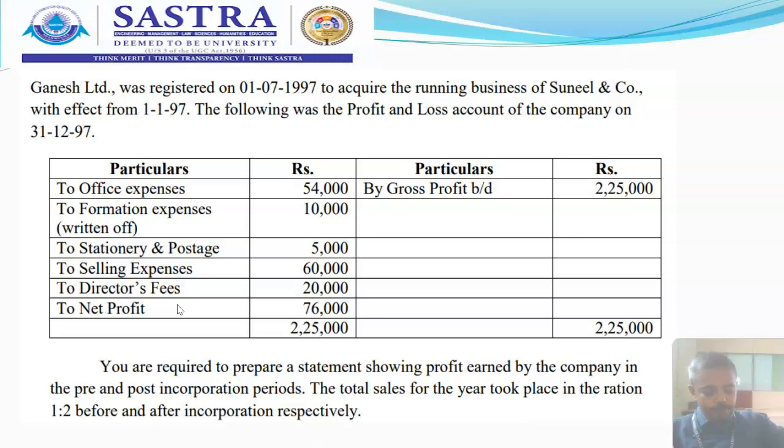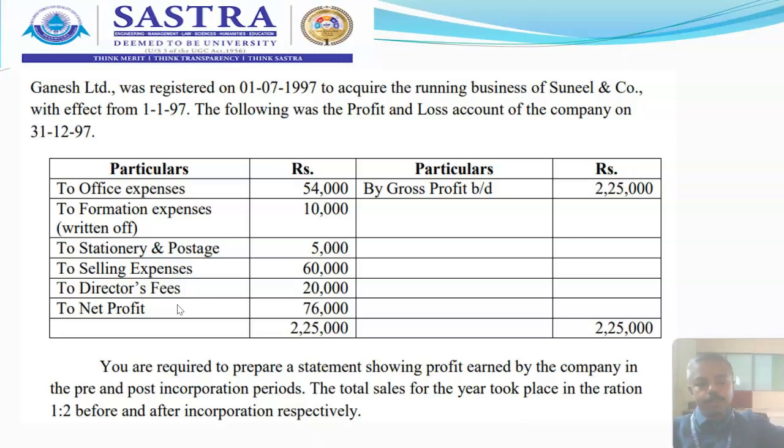Now we can decide based on the nature of the expense. So this expense is purely on a regular basis. It happens in a regular mode. Since it is a regular expense, we can use only apportionment, not allocation.